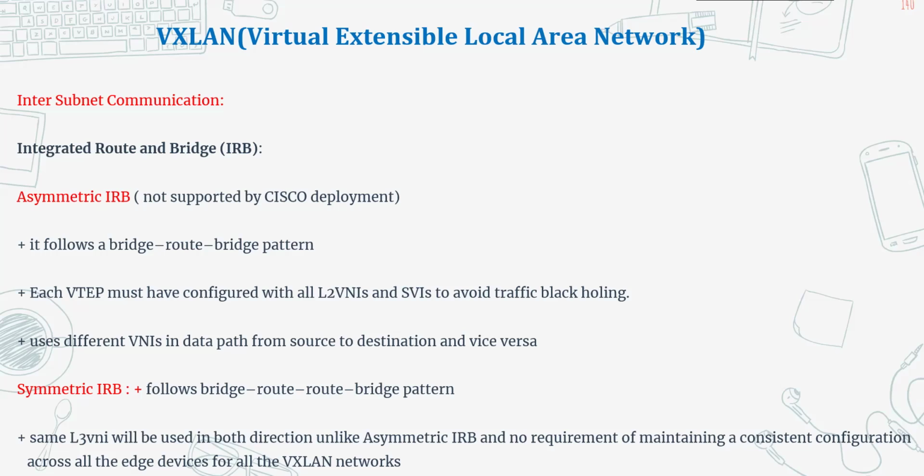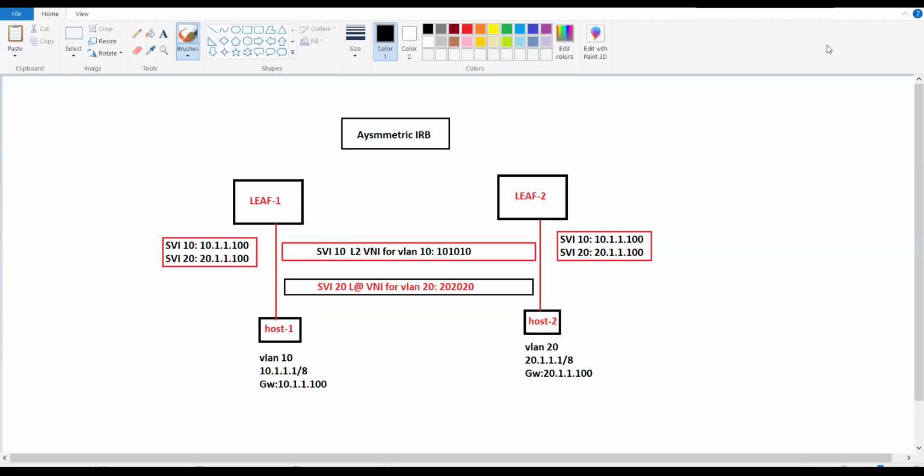Okay, let's go to our diagram. Let's take this particular example. We have leaf 1 and leaf 2. On leaf 1, we have SVI 10 and SVI 20. SVI 10 has an IP address of 10.1.1.100, and SVI 20 has an IP address of 20.1.1.100. On both sides, we have the same configuration.